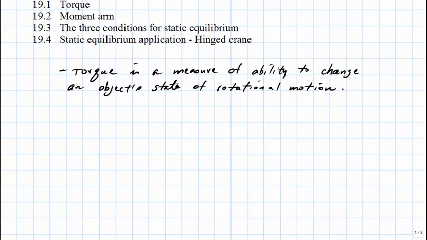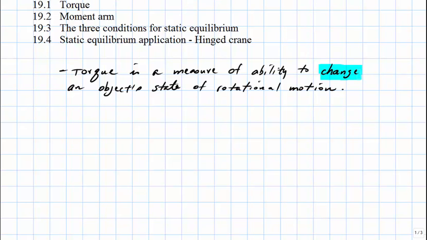And I'd like to emphasize the word change, because objects have a natural tendency to maintain their motion. In fact, when we attempt to change their motion, the objects will resist that attempt.